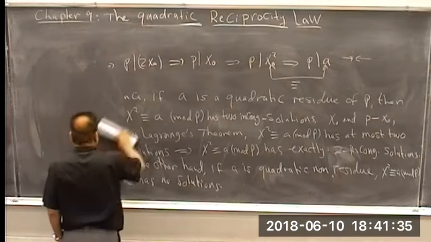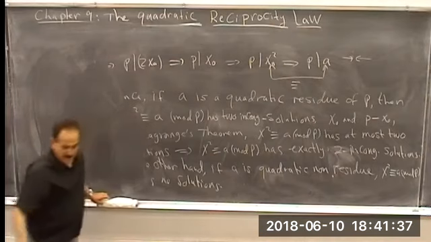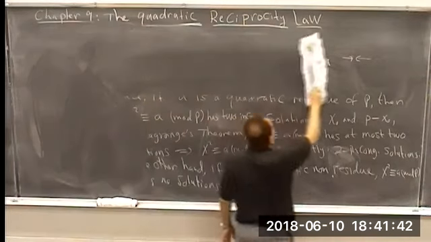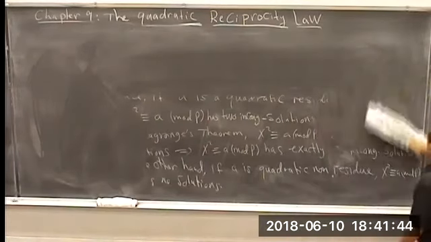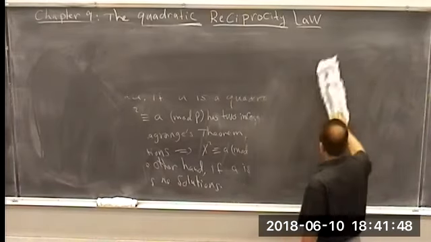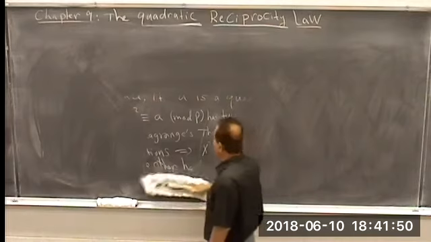So since the result is true in general, we might as well just state it like that. Once we take care of that part of the theory, then we have the theorem proved in general.